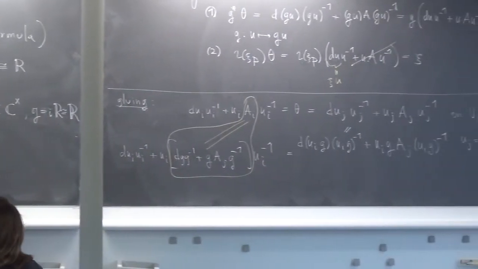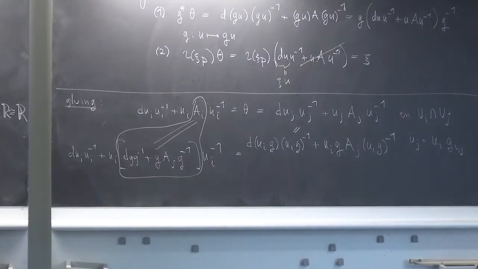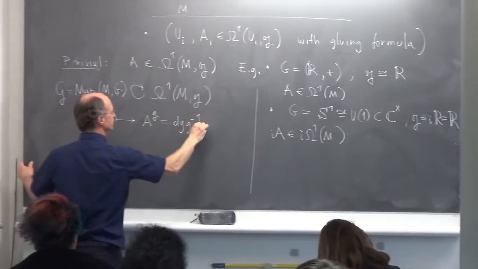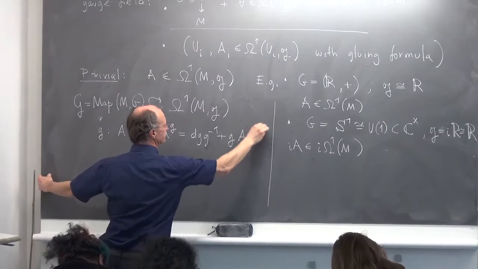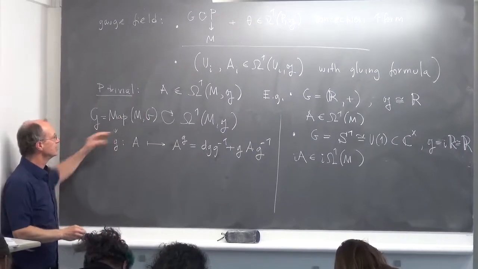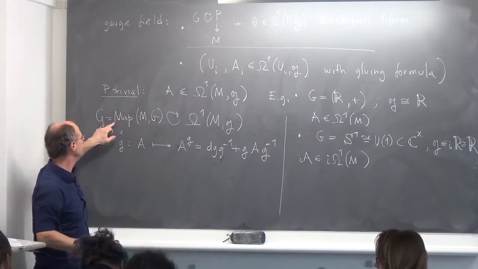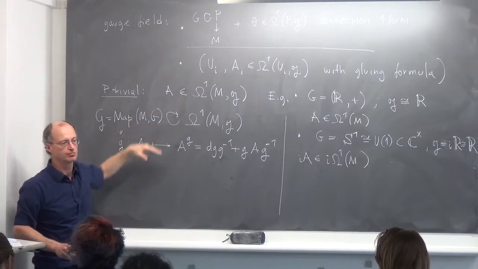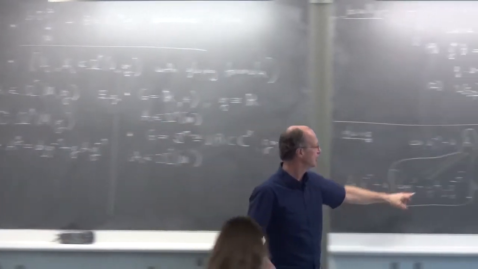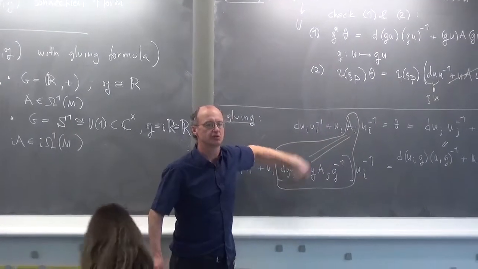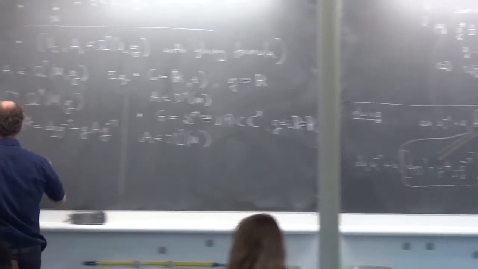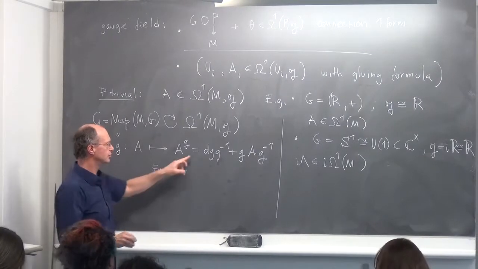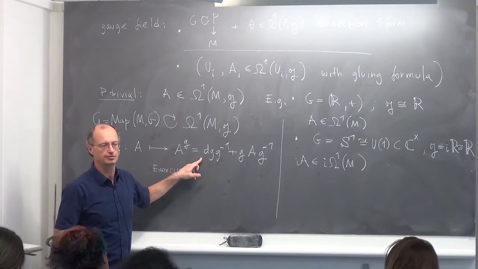So g maps A to A^g, and we define it as dg g^{-1} + g A g^{-1}. So when the bundle is trivial, you can also think that these are transformations which change the global section, the globally defined section. So you have two trivializations of your bundle, and this formula would identify A's in two different trivializations of your bundle. So, for those of you who never done it, check that this is an action.